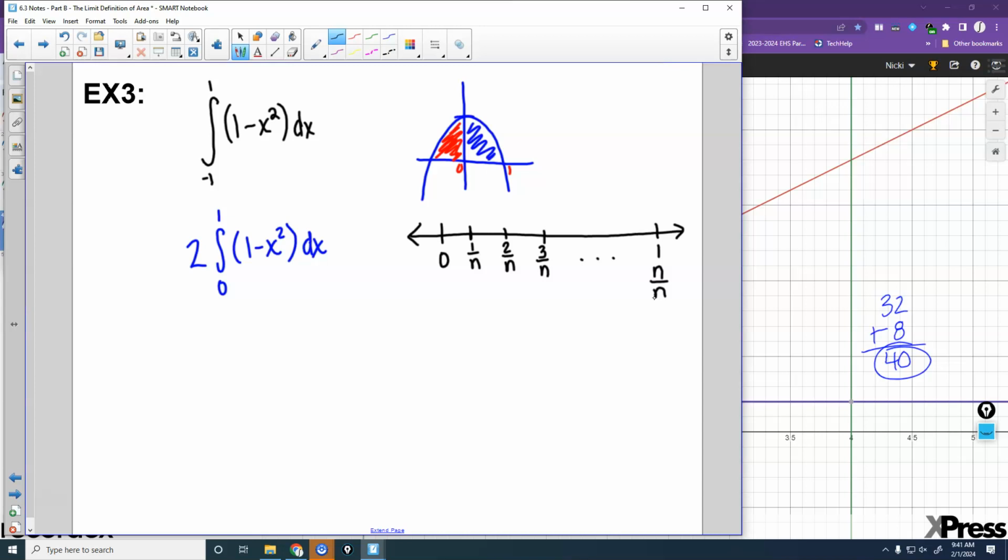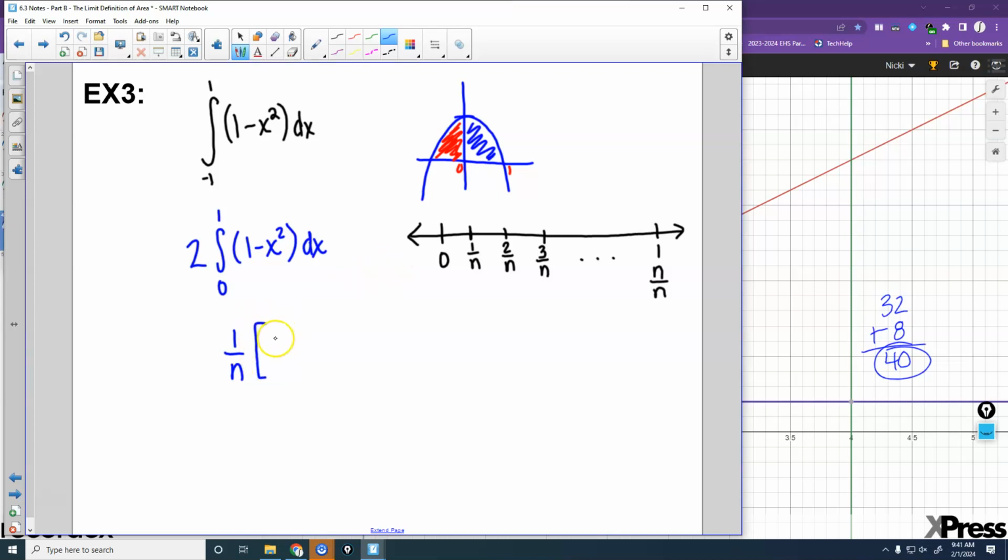So what we're going to have to do for this is we're going to have to do the width of each rectangle, which is 1 over n. Last time it was 4 over n because we were going from 0 to 4, right? This time it's just 1 over n because we're just going from 0 to 1. If we were going from 0 to 7, it'd be 7 over n, right?